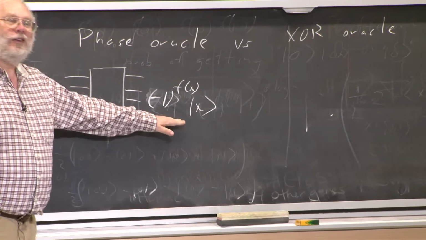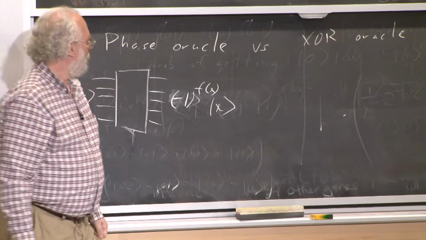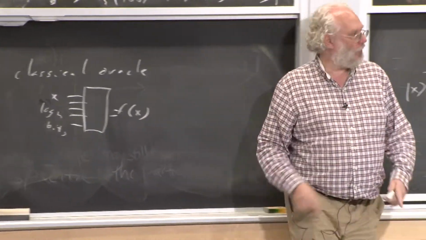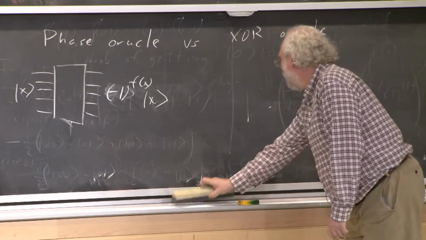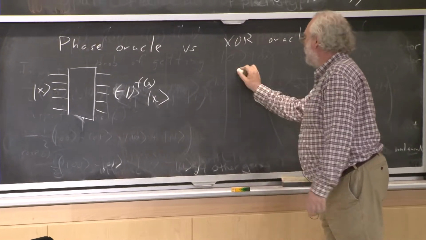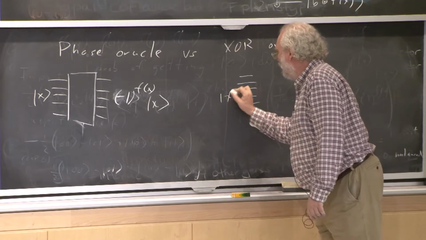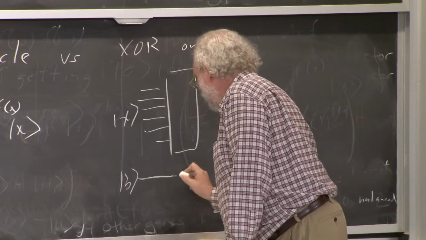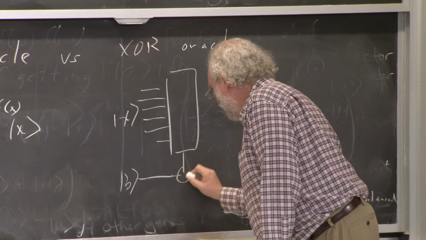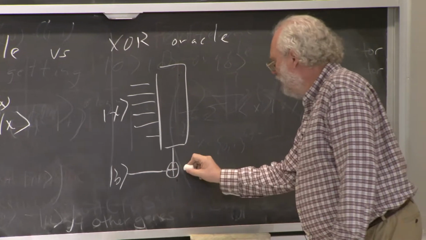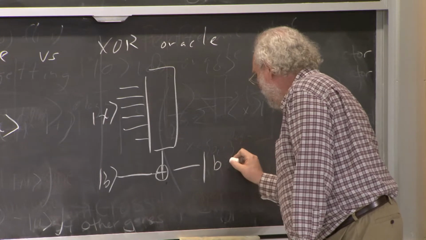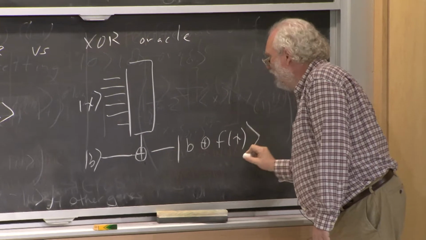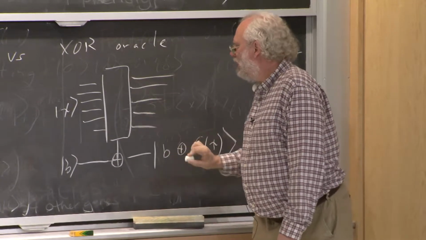And we're actually going to see this kind of oracle used again for Grover's algorithm. And the oracle which best corresponds to the classical oracle was what I'll call an XOR oracle, where you put in x, and then you put in an additional bit, let's call it b, and you get a control not here, and you get b plus f of x here, and you get out x here.